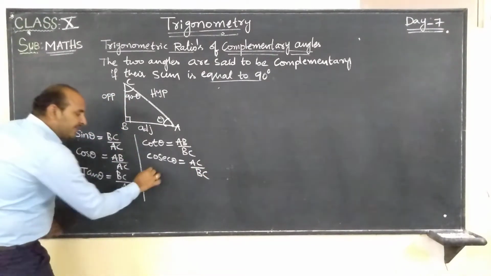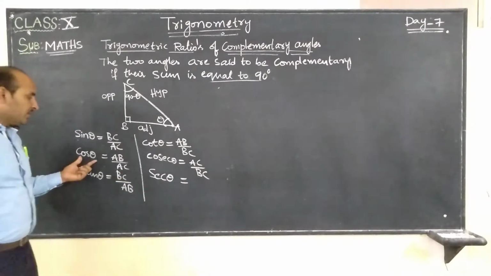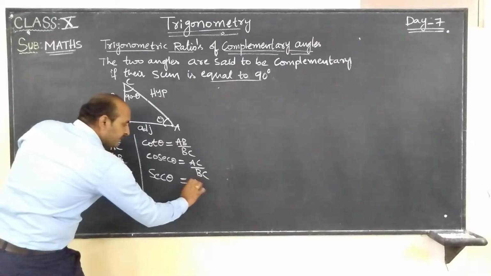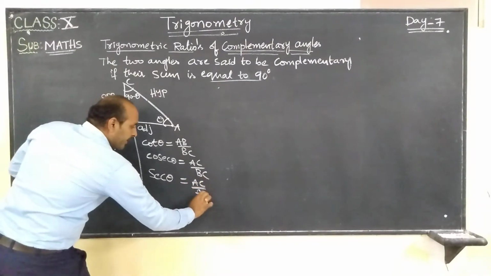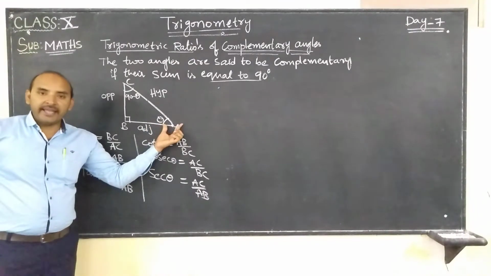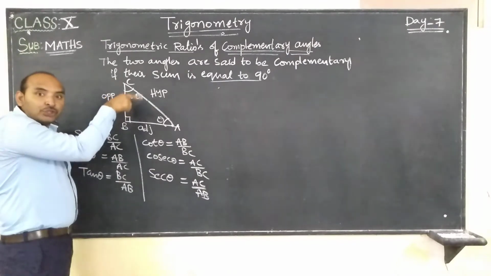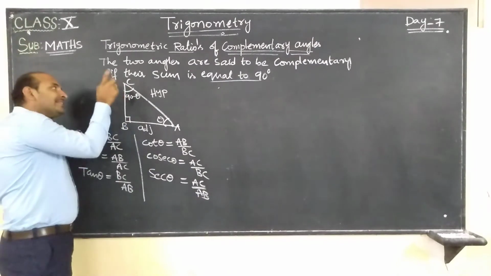Next, secant theta is the reciprocal of cos, so AC divided by AB. These are the 6 trigonometric ratios at the angle A, that means theta. Now I want the trigonometric ratios at C.